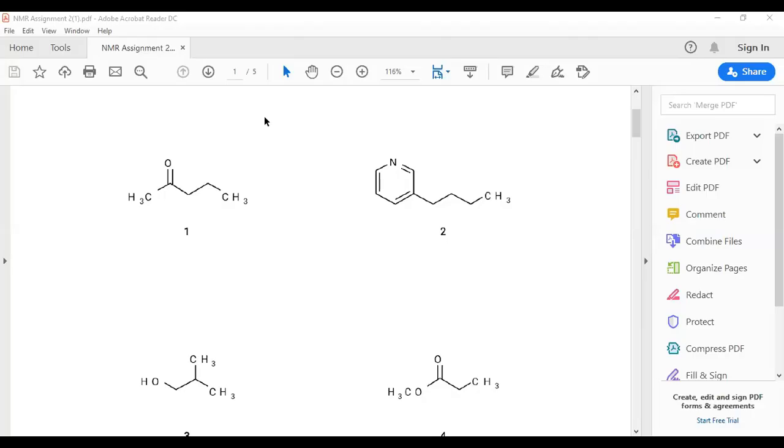What do you think about this first one? I'm going to have to annotate this. Dr. Russell, we can't see anything. Okay, sorry. All right. What about now? Yes. Okay, great. So let's look at this first structure here, and let me get my little pen out.